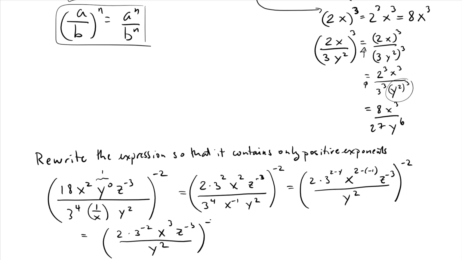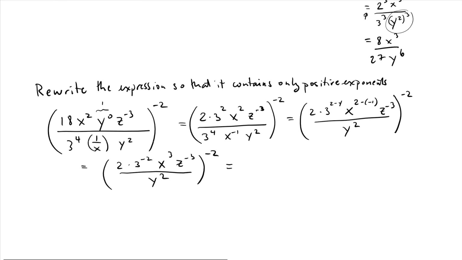Now everything is raised to the power minus 2. So essentially it's going to hit everything in the numerator and everything in the denominator. In other words, it's going to be like 3 to the minus 2, x cubed, z to the minus 3 raised to the power minus 2, and y squared raised to the power minus 2.